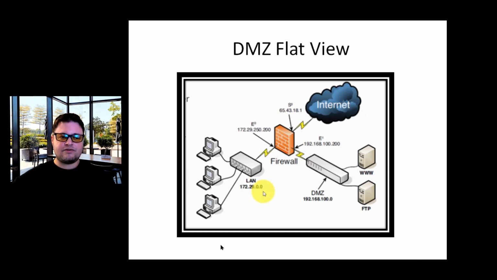Now, here's the flat view of it, another picture I found. From the internet, it goes through the firewall. This is why I said it's one firewall, even though it looked like two firewalls in the last picture; that was just showing you how it's segmented. So you go to the firewall, and the firewall asks, are you a customer trying to get to the website?